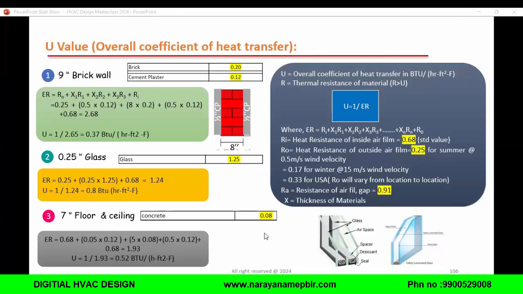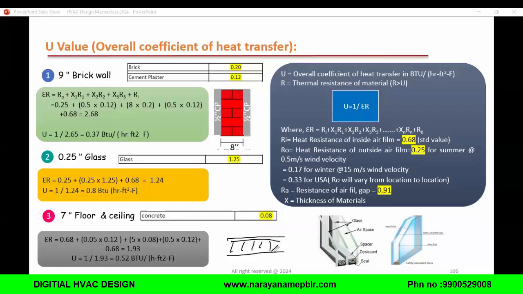7-inch floor, wall, and ceiling. Similarly, you can calculate. But floor means what all the things you have. All these things depend on the type of construction. You need to see the architect drawing to see what type of construction it is, and based on that, you need to design. Like you have a floor, so you have concrete and some plaster and tiling.